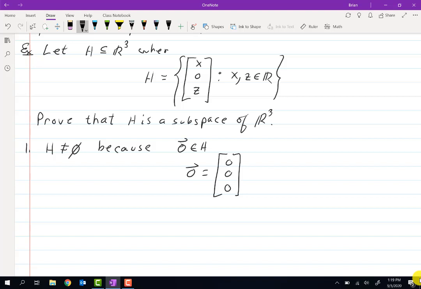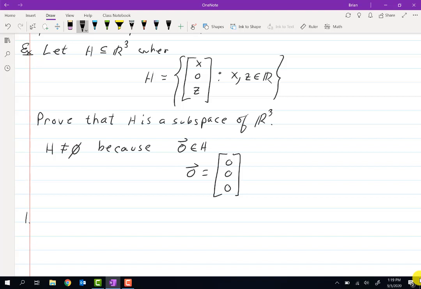So this is in there, so H is not the empty set. Actually, that was not number one, that's part of the description; it starts out as a non-empty set. So let's go through the various axioms and see what happens.